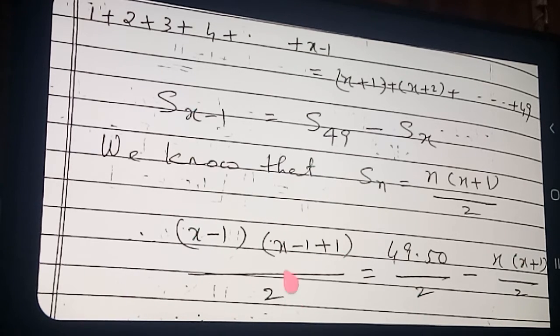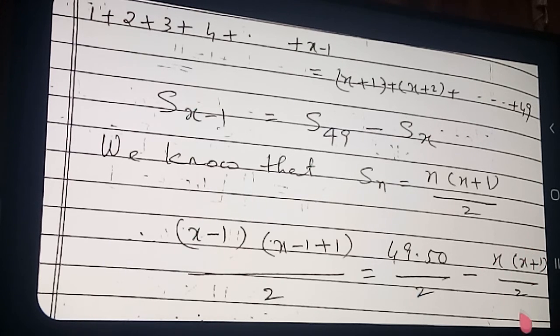Okay students, that is equal. Now S49 by the same method: n into n plus 1, 49 plus 1 is 50. So 49 into 50 by 2, minus Sx, which is x into x plus 1 by 2.